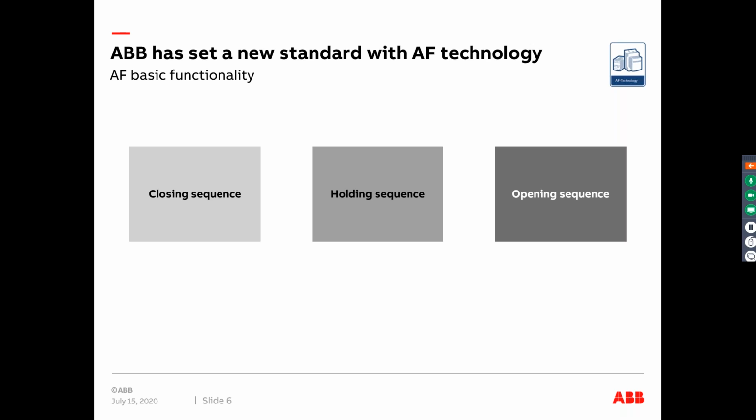The voltage can be AC or DC, because no matter what you apply, there is a rectifier which converts it into DC, because that is exactly what is used for the PCBs. Once you finish the closing sequence, you go to the holding sequence. In this sequence, the processor continuously measures the current and voltage, and makes sure that just the right energy is applied to the coil to hold it.